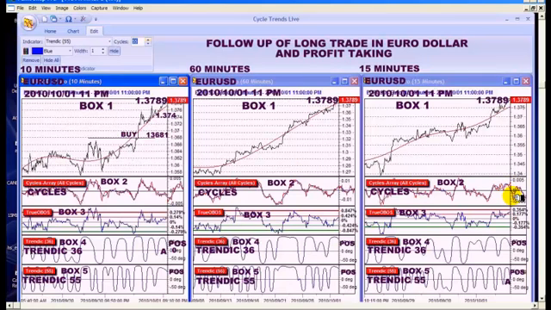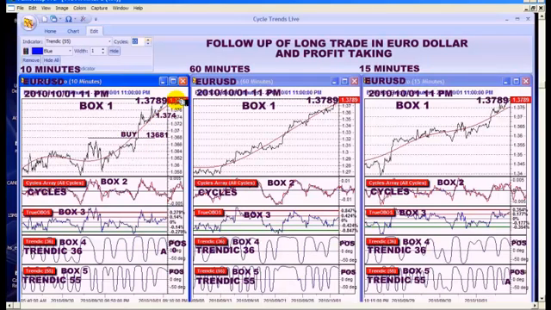So when you put that together, the cycle moving downwards and the Trendix about to move from the positive to the negative, it's telling the trader to take profits at this point at 1.3789.